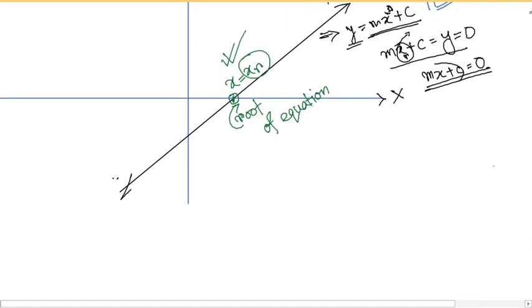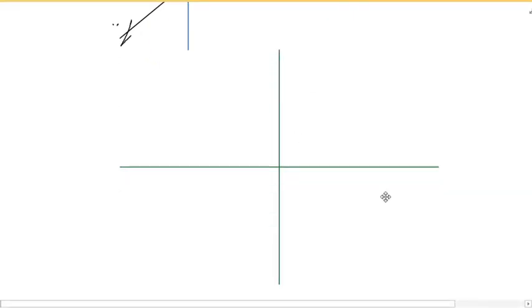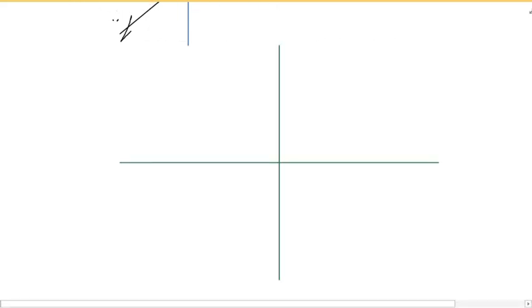So now, if it is a function, I'm now drawing a curve-shaped graph here, a function of curve shape.